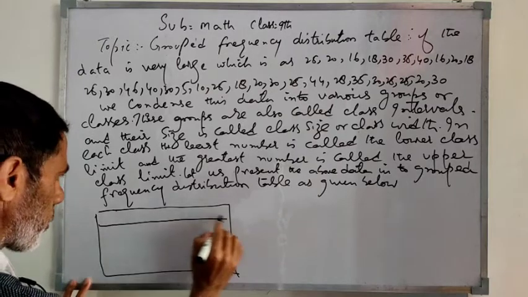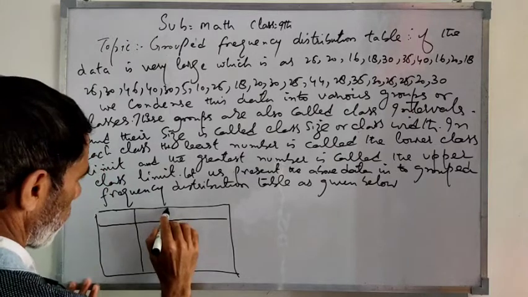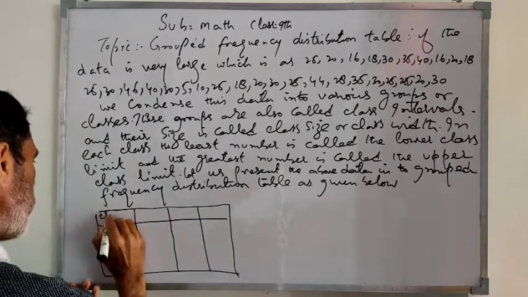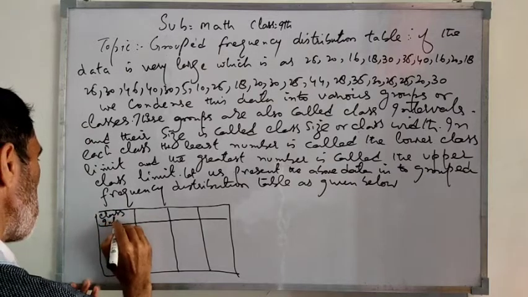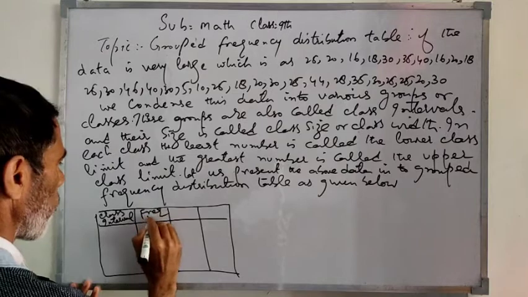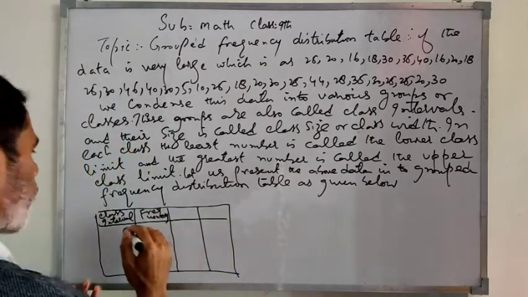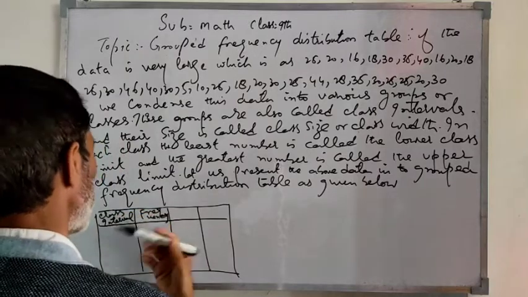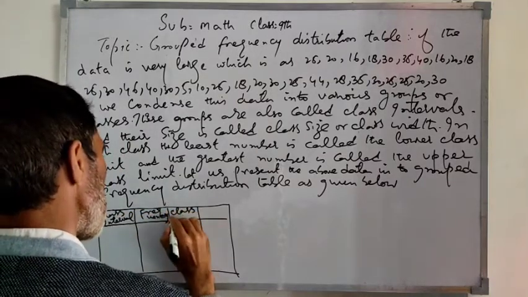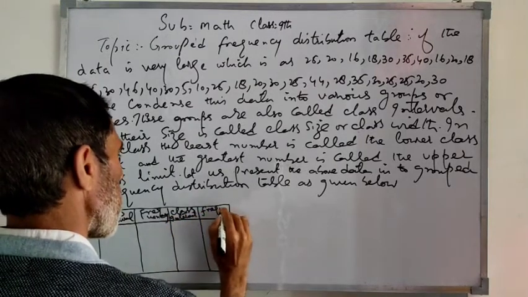This is the class interval, this is the frequency, which shows the number of students in each class, that is, the number having those marks.